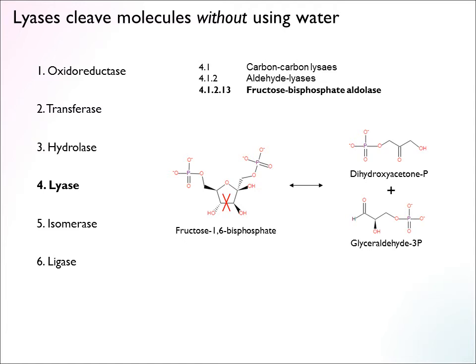This cleaves fructose 1,6-bisphosphate by breaking the bond over here, and in this process, it forms two triose, three carbon sugars, the dihydroxyacetone phosphate and glyceraldehyde 3-phosphate. So lyases are different from hydrolases in this respect, that they can cleave molecules without using any additional reactant.